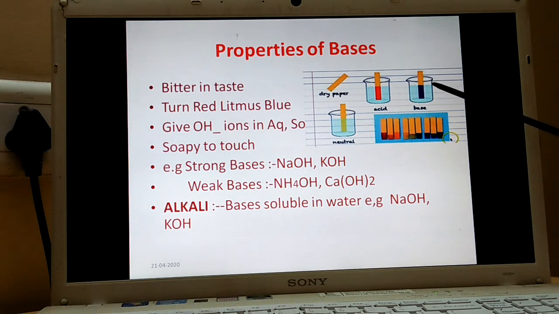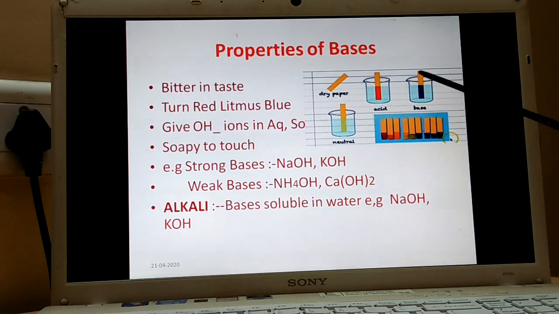So acids will always give a red color to the pH paper and bases will give a purple color. While if pH paper is added to a neutral solution, like simply tap water, which is neither acidic nor basic, it will become light green in color. This is shown here. So you can easily understand that acid, base and neutral solutions can be identified by using the pH paper.